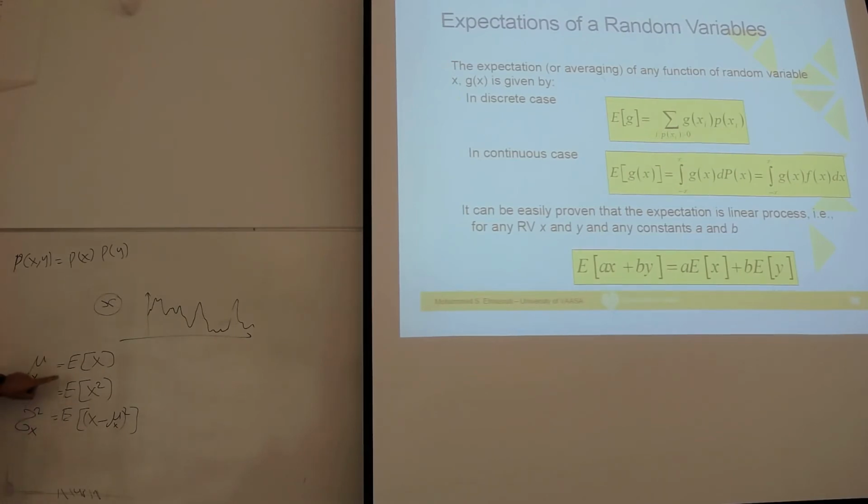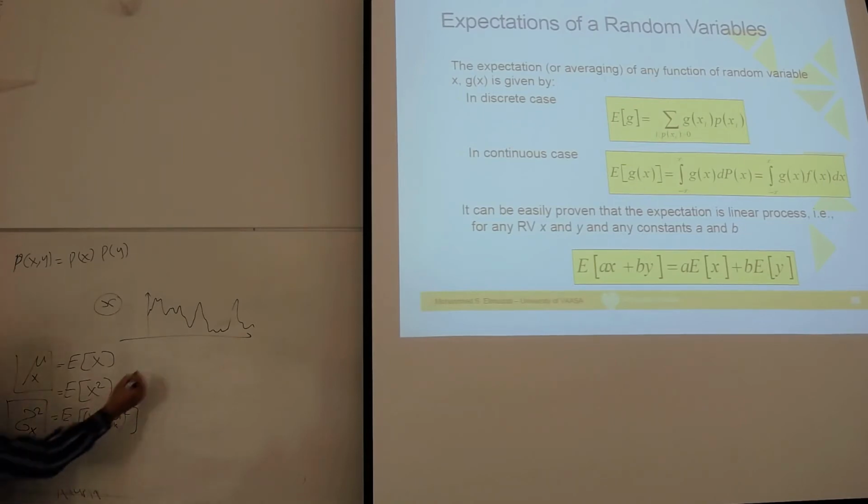So every time you see E, what you get here is not random anymore. It is a deterministic value, unless of course you have another random variable, then this will also be a random variable. But if you're taking the average of a single random variable, then this will be a deterministic value.